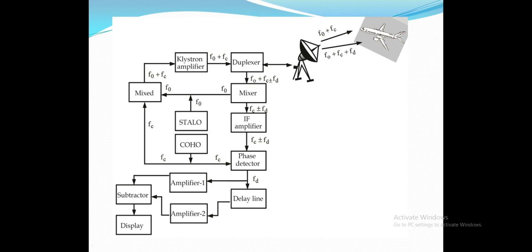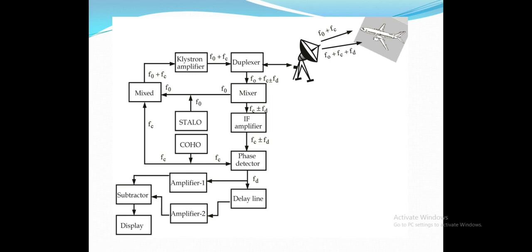It is mainly used for detecting moving targets, which is why we call it a moving target indicator. It uses the Doppler effect for its operation, and it eliminates the clutter due to stationary objects and identifies the moving targets.